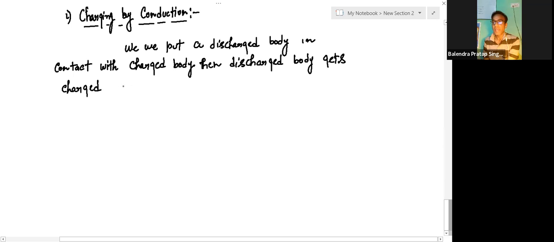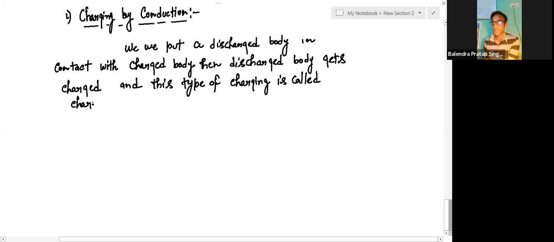This type of charging is called charging by conduction.